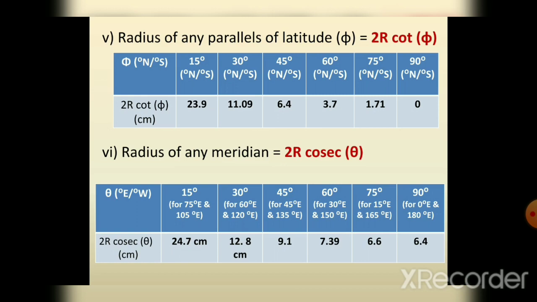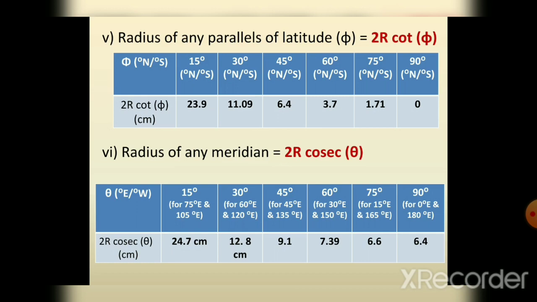And finally comes the radius of any meridian, which will be expressed with the help of 2r cosec theta. Just look at the table here. What I have said earlier, that for theta you have to mention the angular value, but that angular value actually represents which meridian. So 15 degree means the immediate two meridians beside the central meridian.